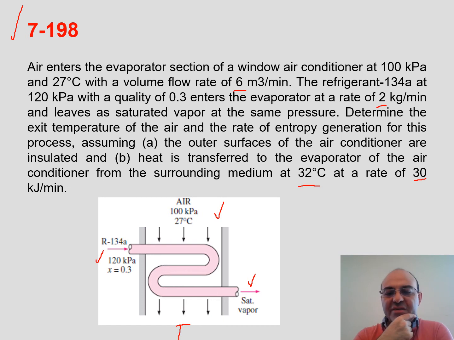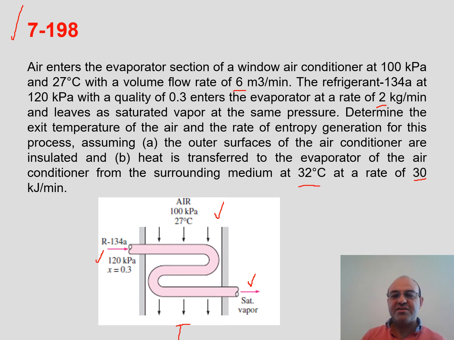So we want to find the outlet temperature of the air, which is given to the room, and the entropy generation for this process under two assumptions. Assumption A is that the air conditioner is insulated.